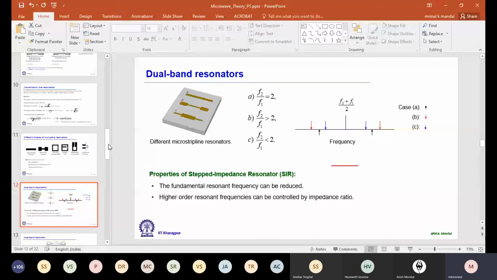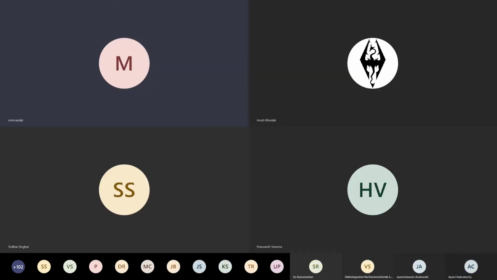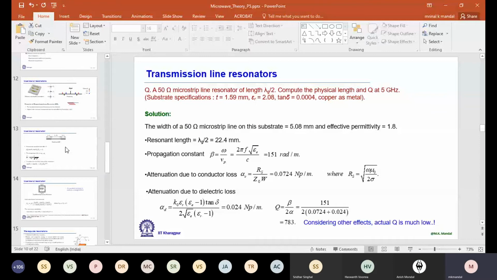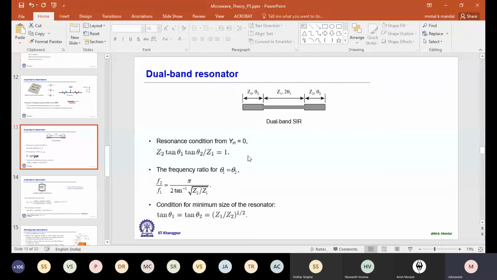Well, now let me share my slide again. After putting yn equal to 0, as I discussed here, in this example the characteristic impedances and theta 1, theta 2 are a little different. So if I put yn equal to 0, then we have the resonant condition.